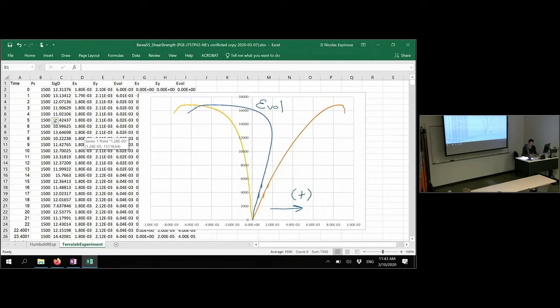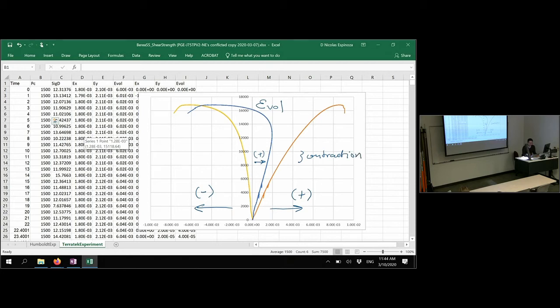This is a positive variation. This is a negative variation. So when I have a change of strain that goes in this direction, that is positive. That's telling me that I have contraction.